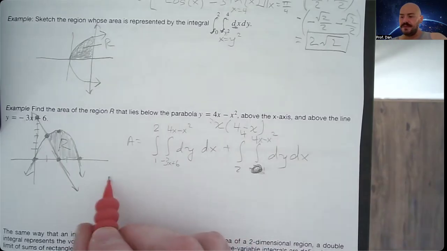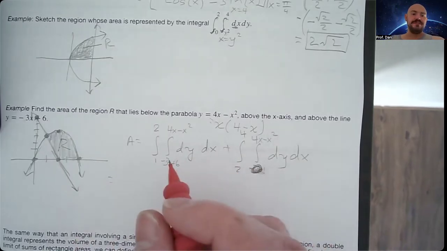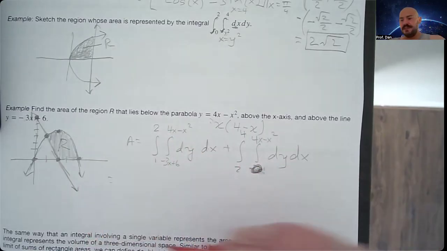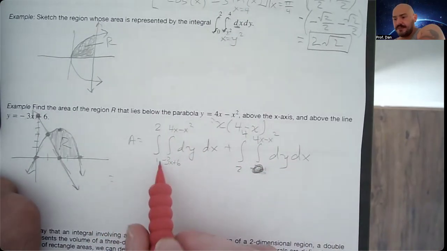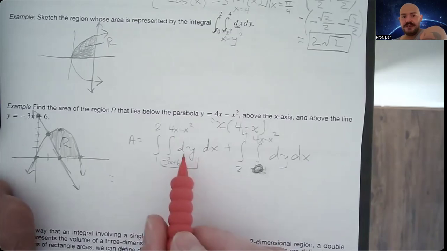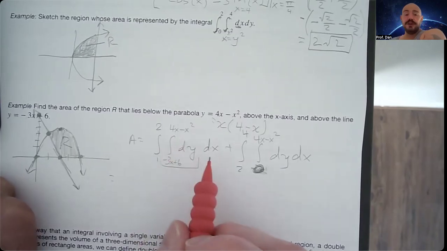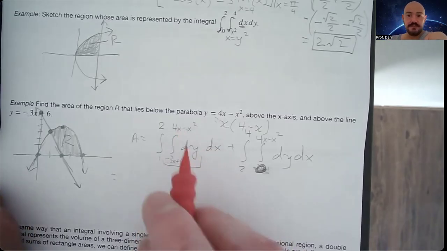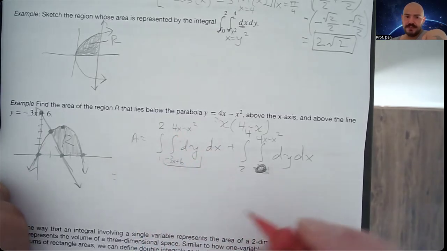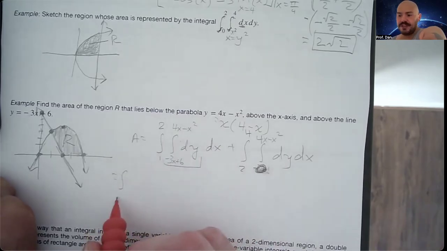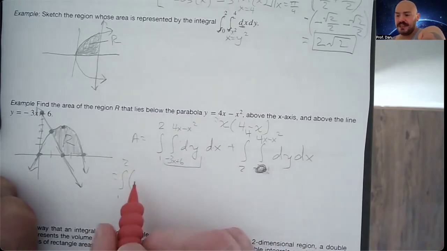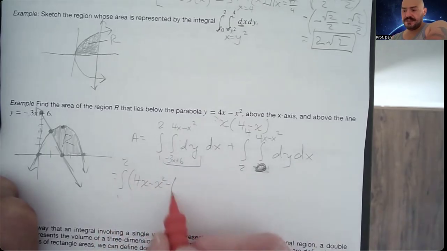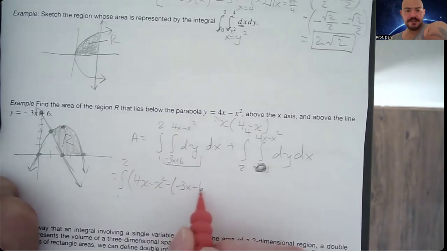So now that I've got that set up, these are the iterated integrals that I would need to evaluate to find this area. So again, start by evaluating the inside. I know that the antiderivative of 1 dy is just y, and I would need to plug top in minus bottom. So when I evaluate the inside integral, I'm going to get this parabola minus negative 3x plus 6.